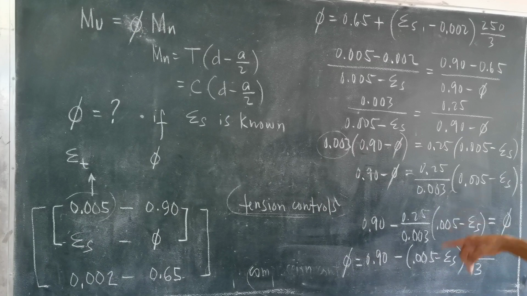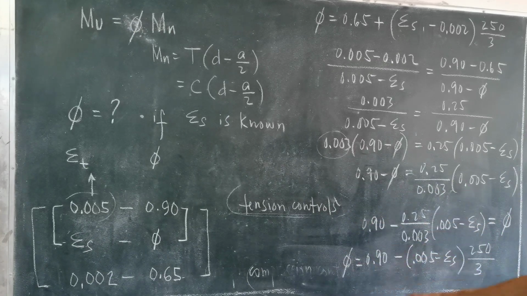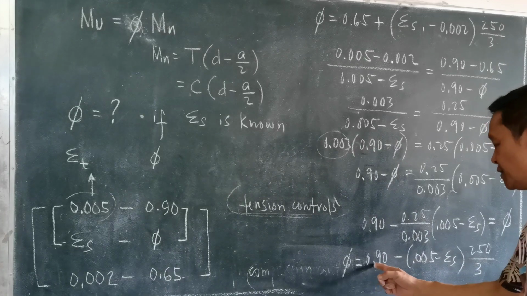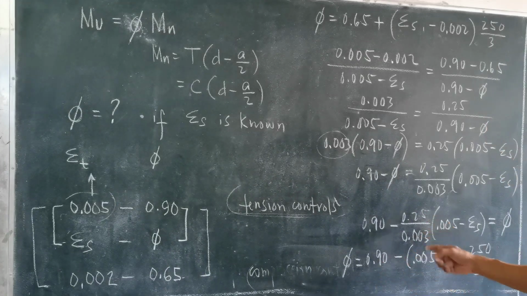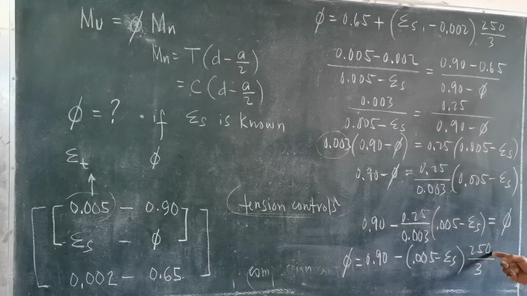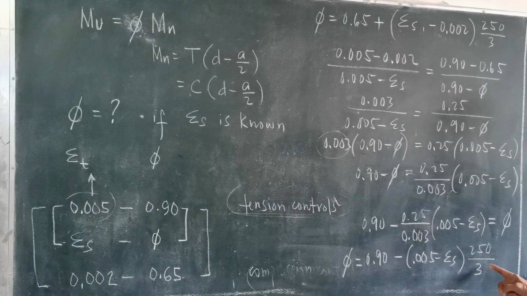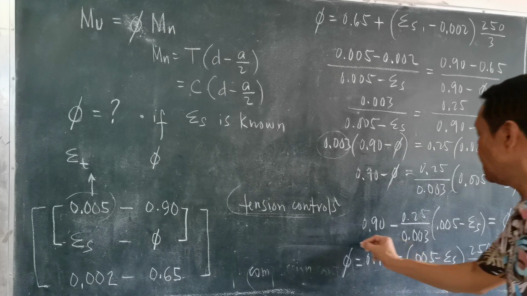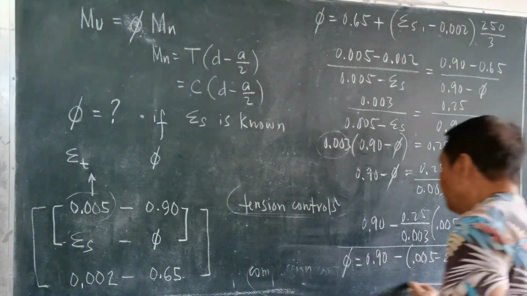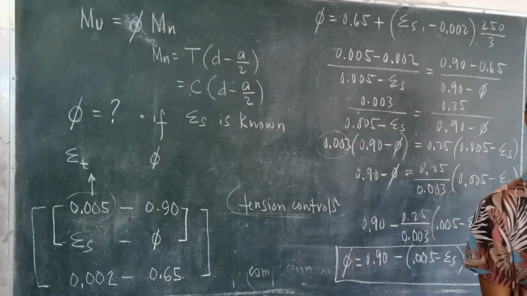Then solving for phi, the formula becomes 0.9 minus, we multiply 0.25 by 1,000 so it becomes 250, and we multiply this also by 1,000 so it becomes 3, times the quantity 0.005 minus the strain in the steel. So this is the other formula in computing for phi.